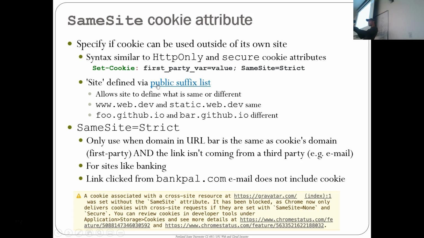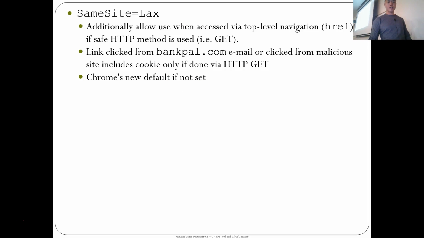Now, when you click that, it will get you onto bankpal.com's page, and then you'll be in bankpal.com's authentication flow, clicking on things through that interface. So it's harder to trick a user. And you'll get this kind of error in your console if you're accessing the SameSite Strict cookie in a third-party manner.